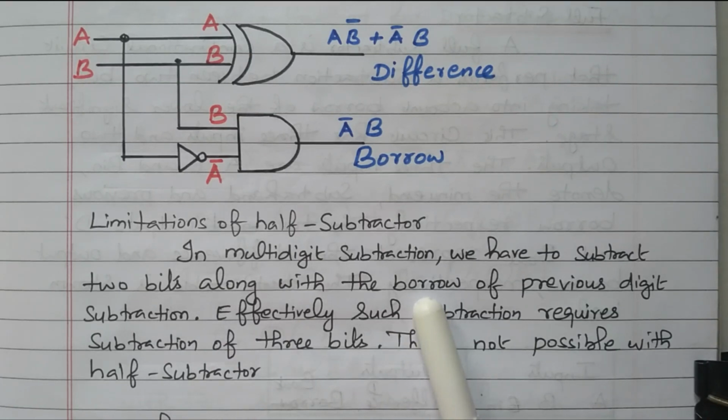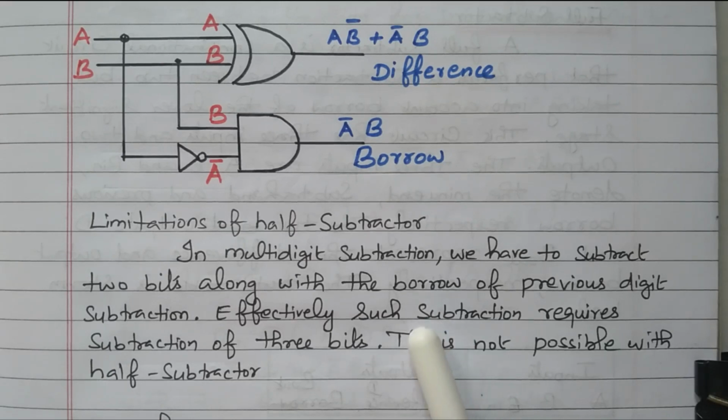Only 2 bits is not practical. Effectively, such subtraction requires subtraction of 3 bits, so this is not possible with a half subtractor. The half subtractor handles only 2 bits, but practically we need 2 bits along with the borrow. That is the limitation of the half subtractor.